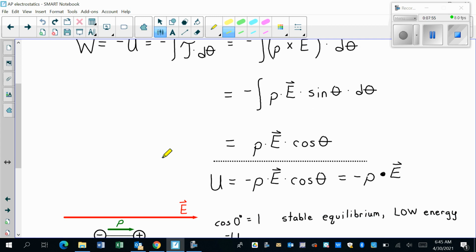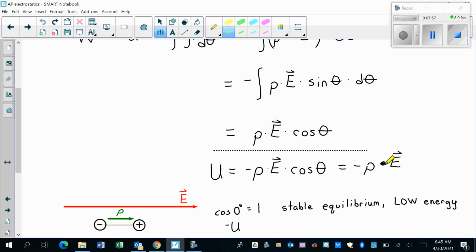And we can figure out cosine is going to be a dot product. So the amount of energy that our electric dipole is going to have is going to be equal to the dot product of P dot E. And we throw that negative sign on there just so that we get a proper orientation of when do we have a high amount of energy, when do we have a low amount of energy.